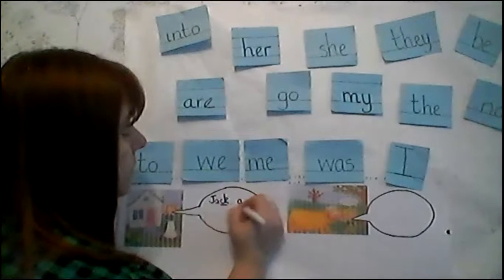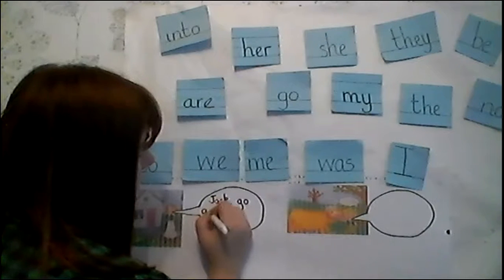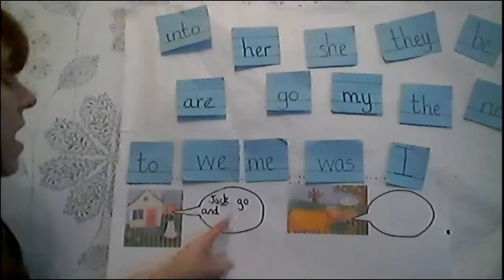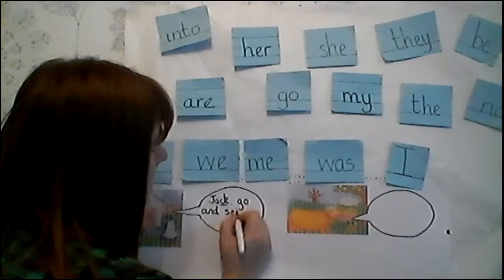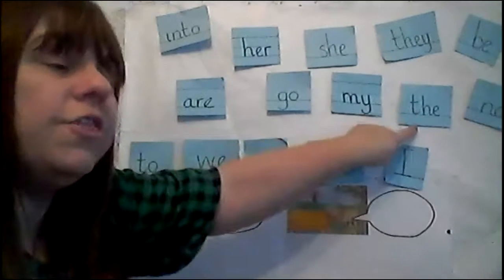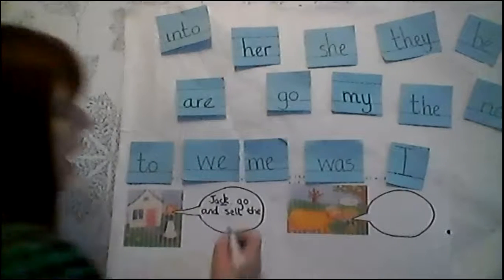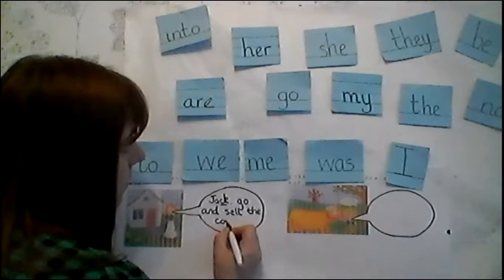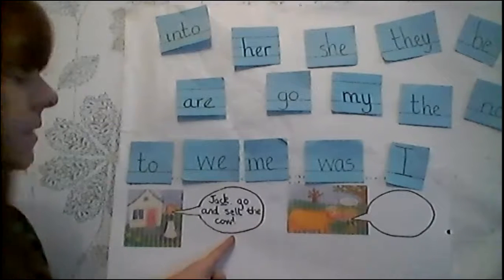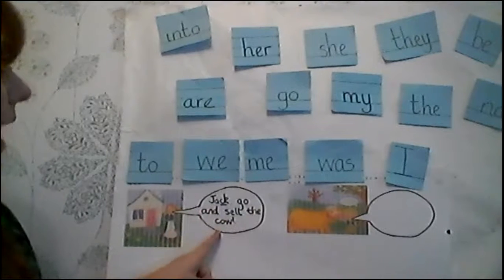Go and sell the, let's sound out cow, ow, ow. There we go. I think she's using quite a loud voice to say that, so I put an exclamation mark there. Jack, go and sell the cow.